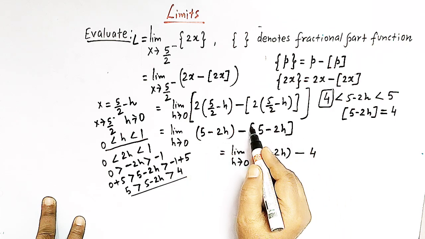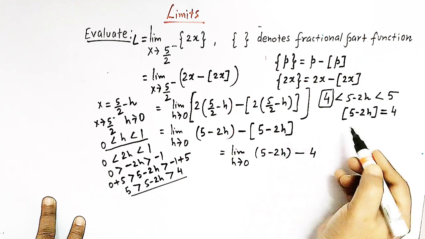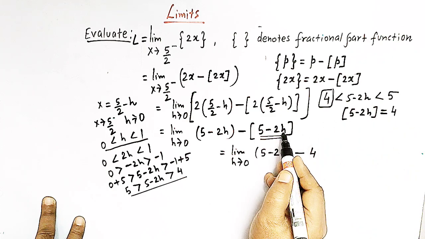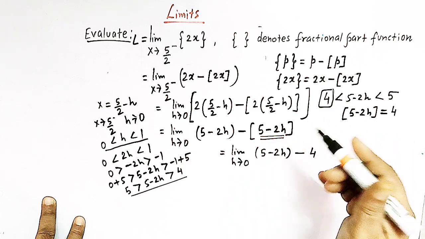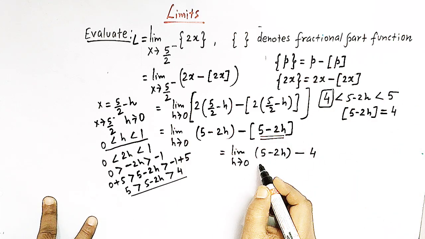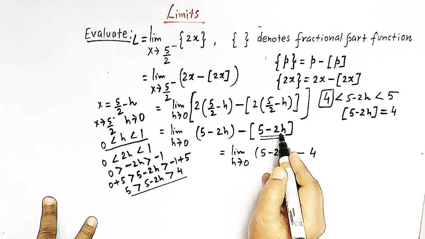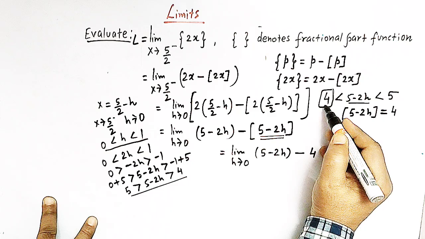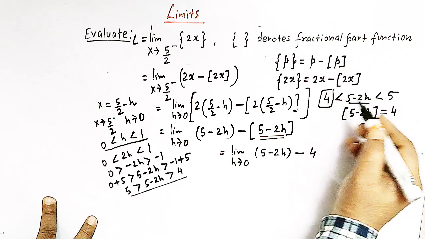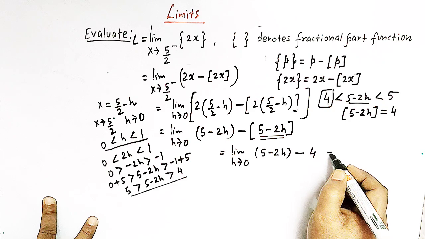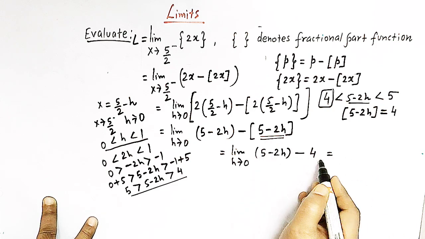We first have to see the value of 5 minus 2h, which lies between two integers, 4 and 5, so its greatest integer is 4.